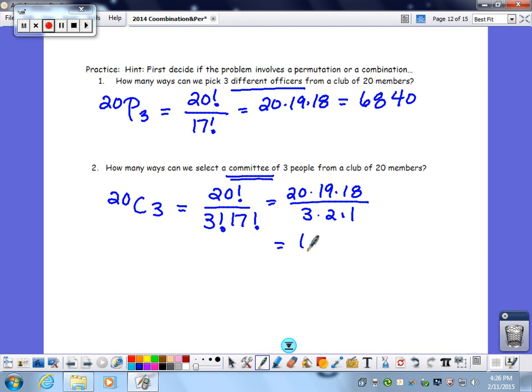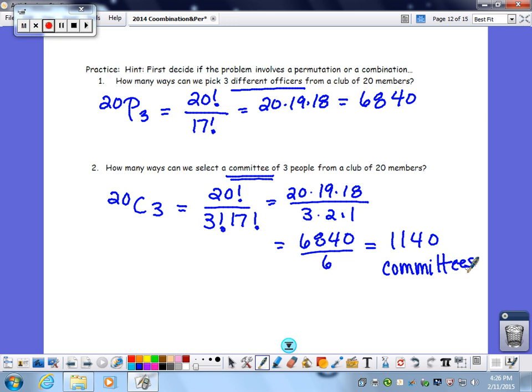So that's going to give me 6,840 divided by 6, which is 1,140 ways. So we have 1,140 different committees of 3 out of 20 people.